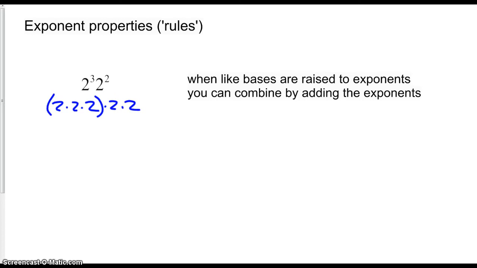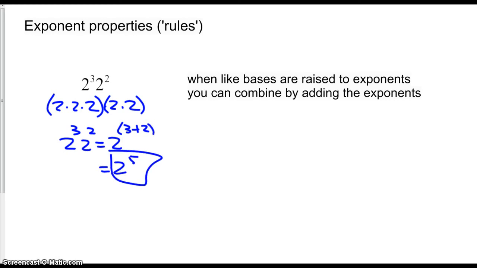So really, since you're multiplying, we have a total of 5 2's multiplied together, and that's why 2 to the third times 2 squared is the same as 2 to the 3 plus 2, or 2 to the fifth, right? We would just add the exponents, because we have 3 from the first one, we have 2 from the second one, so we add them together, and we have a total of 5. Right? So when like bases are raised to exponents, you can combine them by adding the exponents.